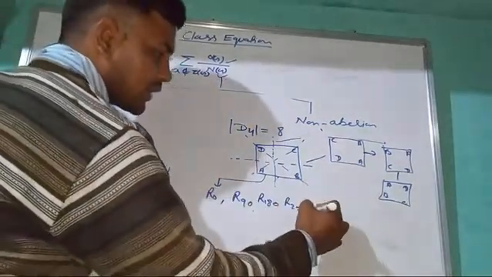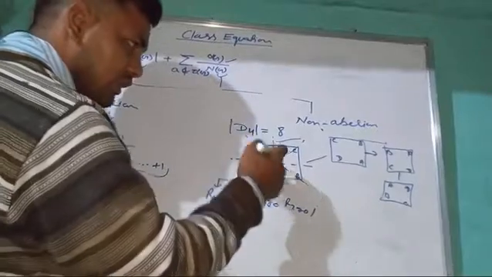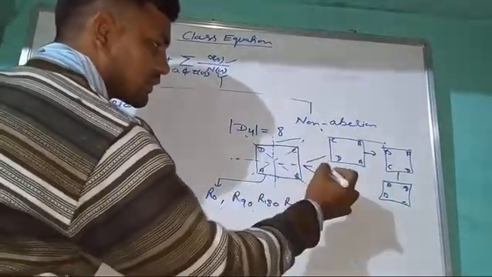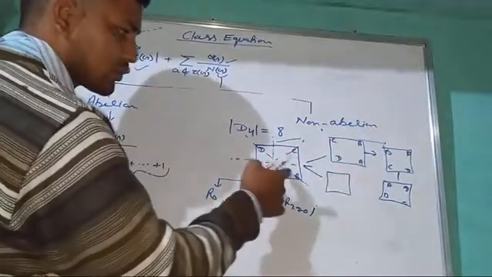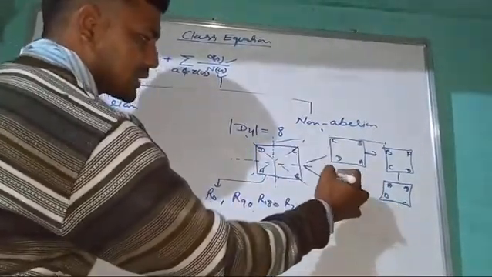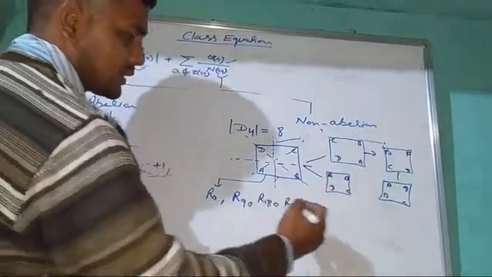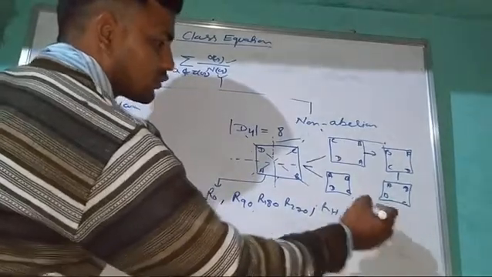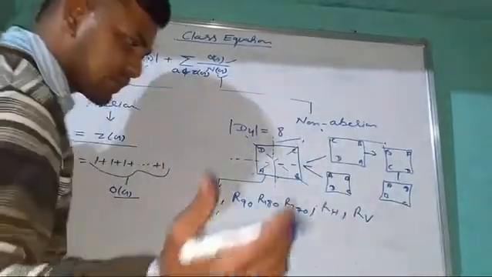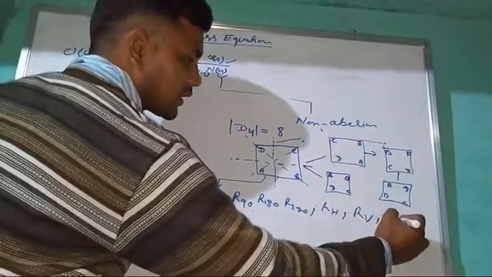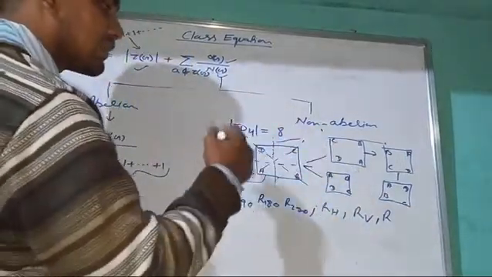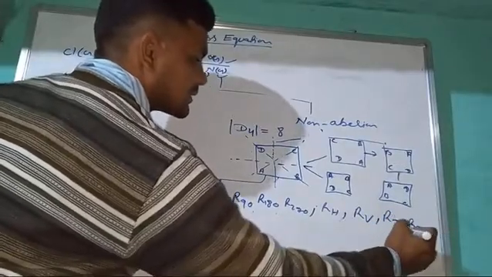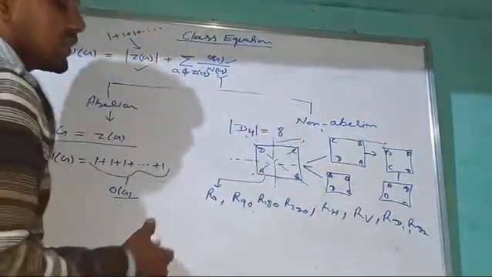Now we will rotate it horizontally. If we rotate it horizontally, B goes to the top, so we have B and C, and this is A and D. This is R horizontal. Similarly, we can rotate it vertically, which gives R vertical, and then R first diagonal and R second diagonal.